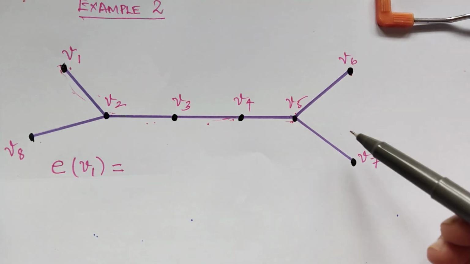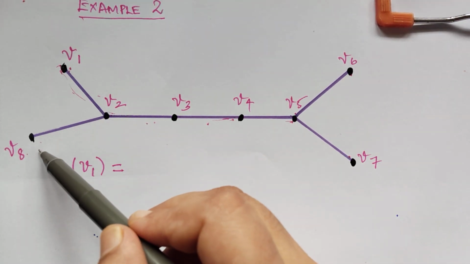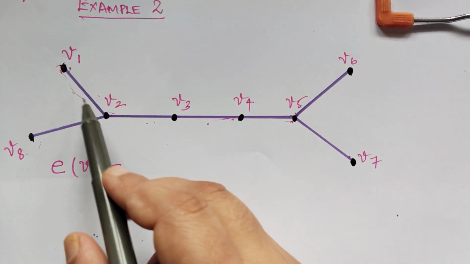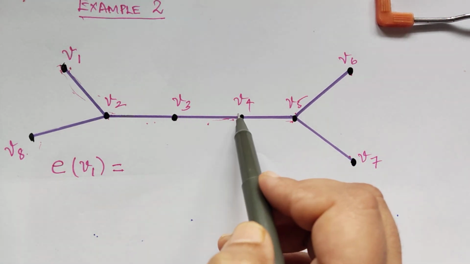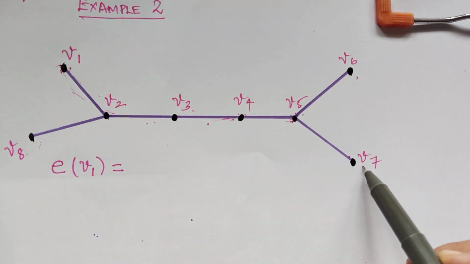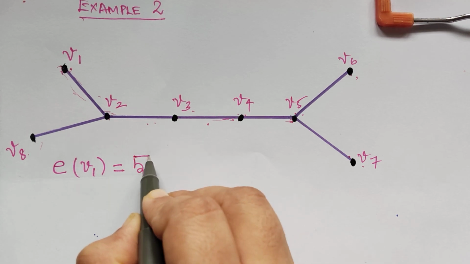V1 to V7 is also 5 edges. Then V1 to V8 is 2 edges. So what is the maximum value? It is 5. So 5 is the maximum value, and the eccentricity of V1 is 5.